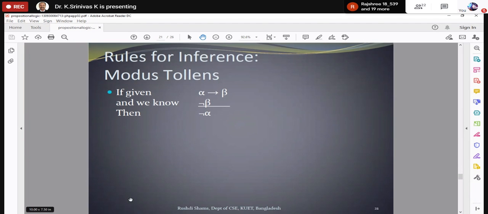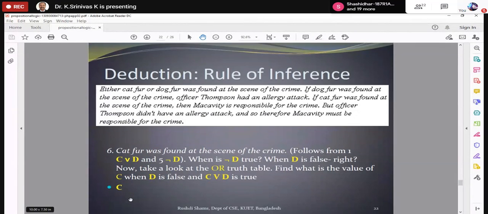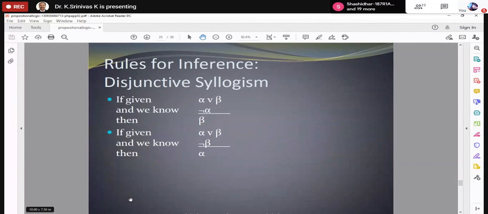And similarly, let us say cat fur is found, C. If it is C, then alpha or beta, and we know not alpha, that is beta. If it is not dog, then it is a cat. If we are given alpha or beta and not beta, that is alpha. If it is not cat, then it is dog.